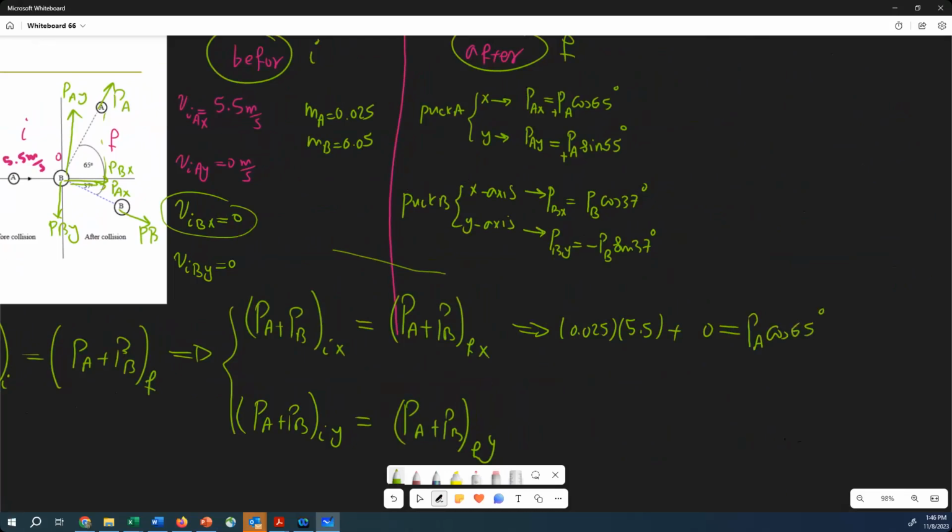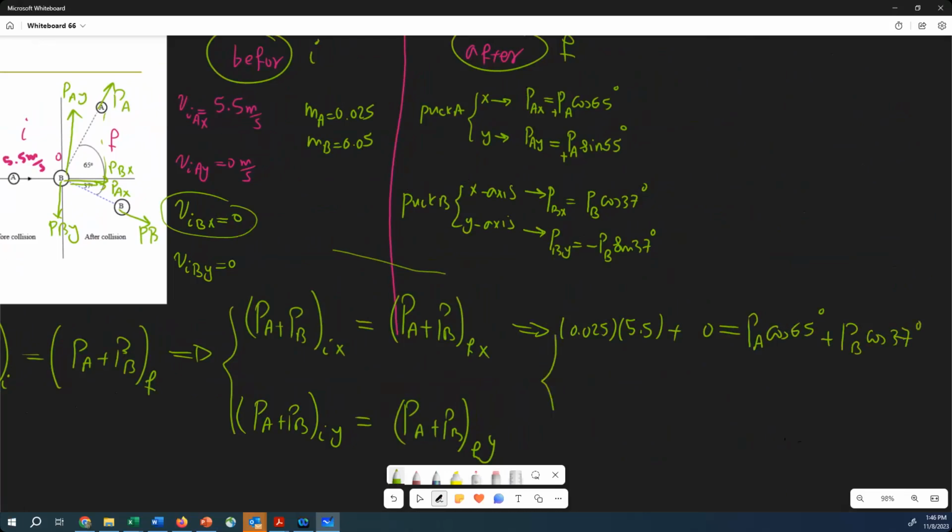And the momentum of B in the x-axis is going to be PB cosine 37. Good? Make sense?